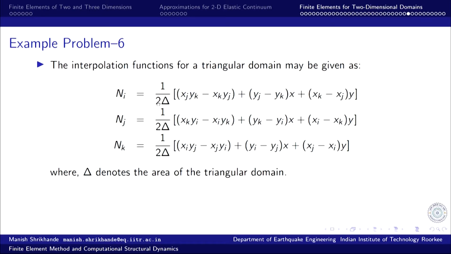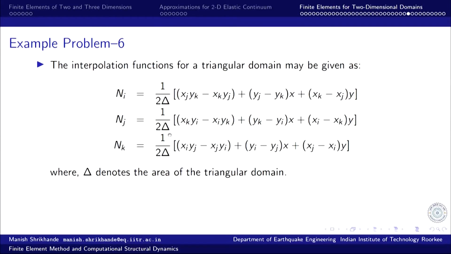So, twice delta is the determinant of the coordinates: 1 x_I y_I, 1 x_j y_j, 1 x_k y_k. That determinant of the 3 by 3 matrix is equal to twice the area of the triangle enclosed by these 3 nodes.